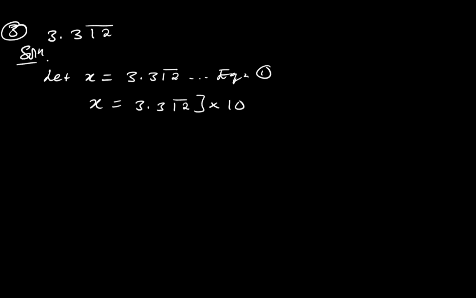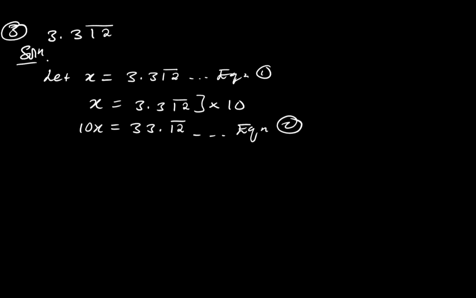I'm only multiplying by 10 simply because I want to push the 3 to go to the left-hand side of the decimal point, so that I can have the repeating bar mark value just before the decimal place. You'll see where the multiplying by 100 or 1000 comes in. So this will be 10x being equal to 33.12 bar. So this is equation number 2.